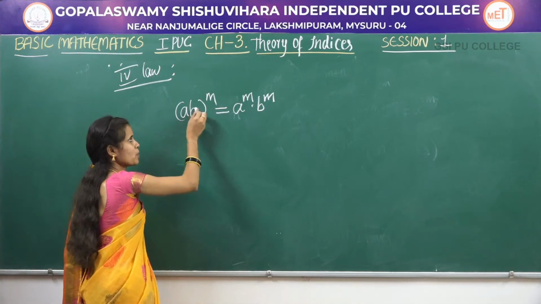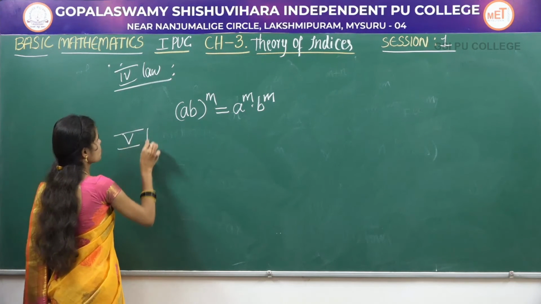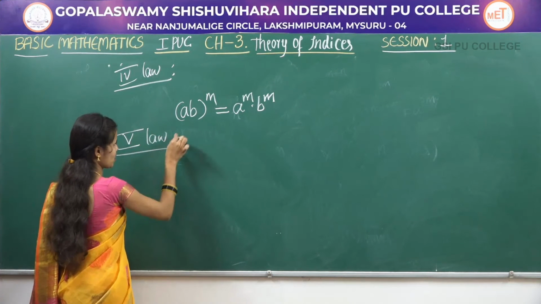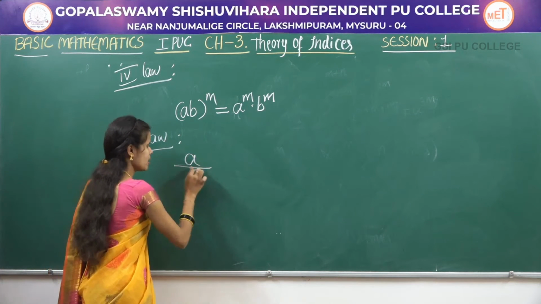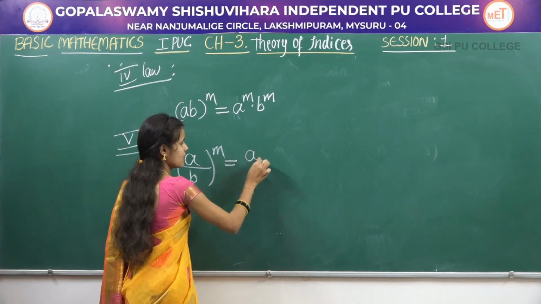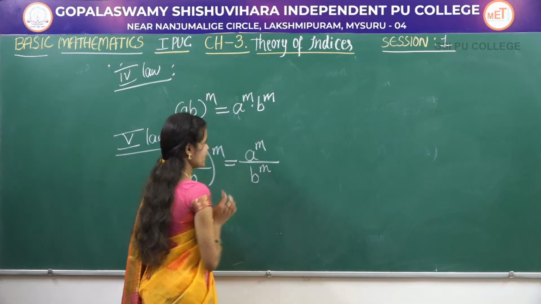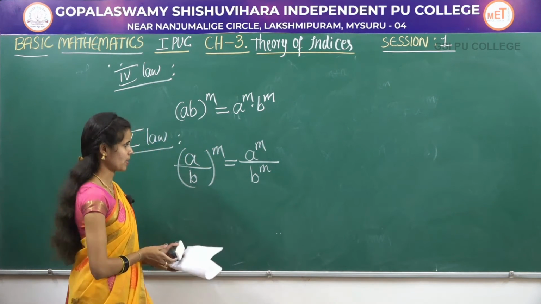So split the power to each term. The fifth law of exponents is a by b whole to the power of m. This can be written as a to the power of m divided by b to the power of m. Okay.